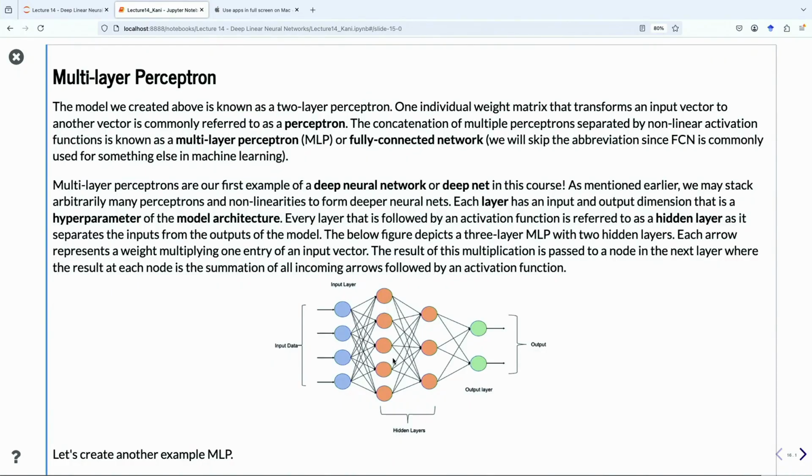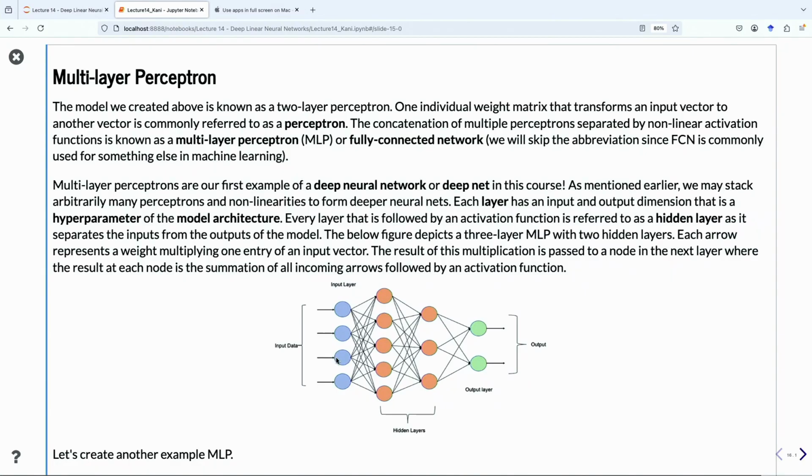That's it. So in the previous instance, we defined a two-layer perceptron model. In this case, this would be called a three-layer perceptron model because you have 1, 2, 3 layers.